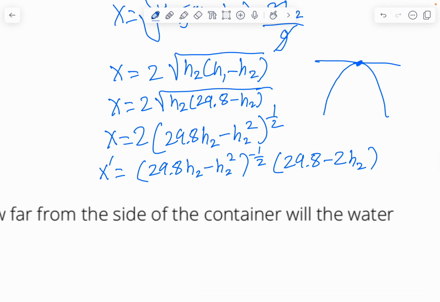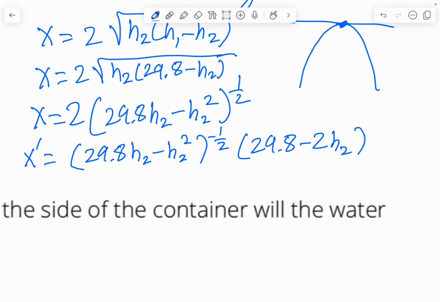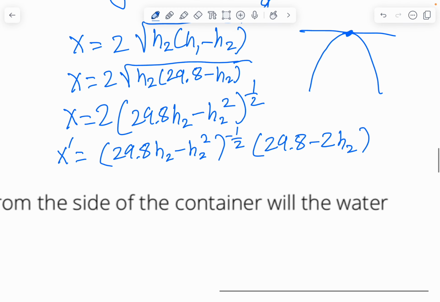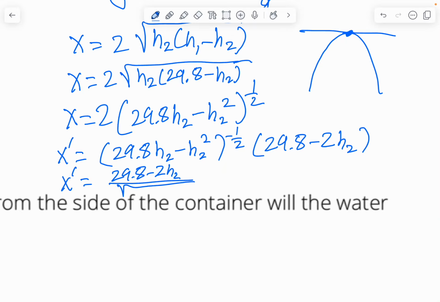And then I'll set it equal to 0, because that's where I have a possible maximum. So I'll put that on the bottom. So x prime is equal to 29.8 minus 2h2 over the square root of 29.8 h2 minus h2 squared. And then I'll set it equal to 0.